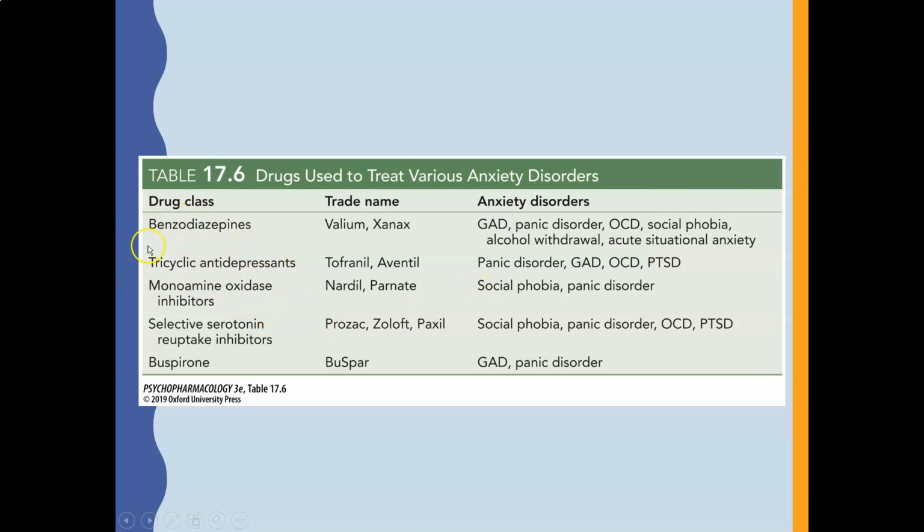These will tend to be less preferred than benzodiazepines because, remember, antidepressants require a little bit more time to kick in. SSRIs are often for things like social phobia. I disagree that it's well used for panic disorder. Again, these take a while to kick in, and they won't necessarily help you immediately with a panic attack, OCD, and PTSD. And then, like I said, buspirone tends to work better for GAD. It doesn't really work as well for panic disorder.